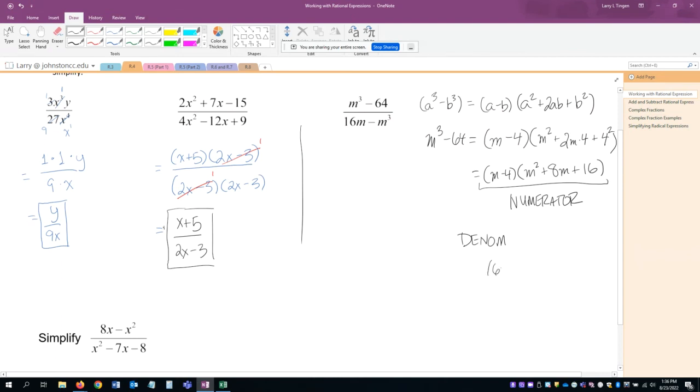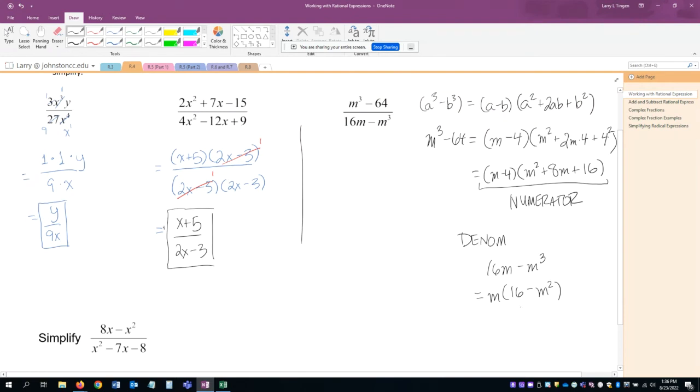What's the denominator? The denominator is 16m minus m cubed. Now, is this the difference of perfect cubes? The second term is, but the first term is not. So what can I do instead to factor here? Well, both of these have a factor of m in it, so I'm going to factor out that m. It's going to leave me 16 minus m squared.